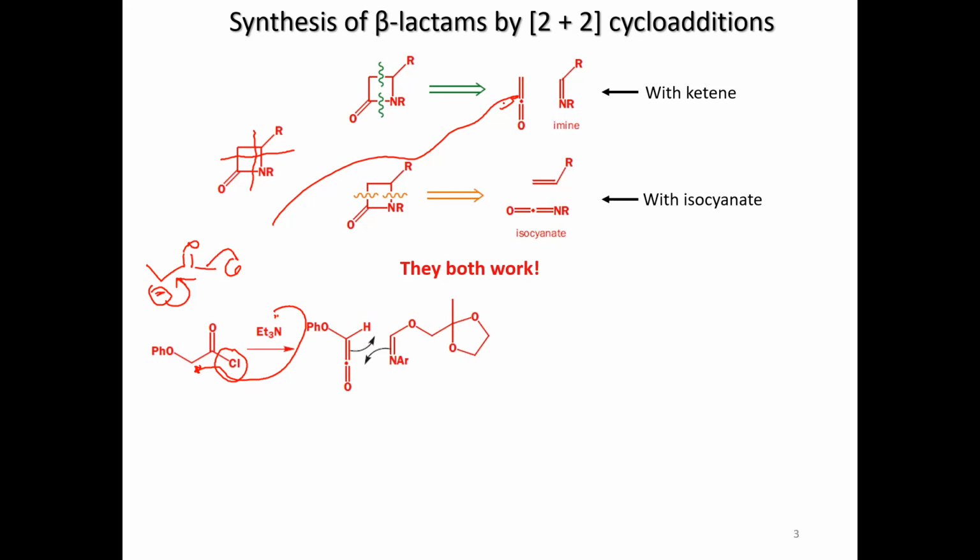So if you have a very large part of the molecule on this side, you can create this acyl chloride with alpha protons, and you have an imine on the other side. Whatever the other part of the molecule is, this part clicks and it forms, let's say, a sort of A plus B kind of reaction. This is very important when you connect all this stuff to your retrosynthesis.